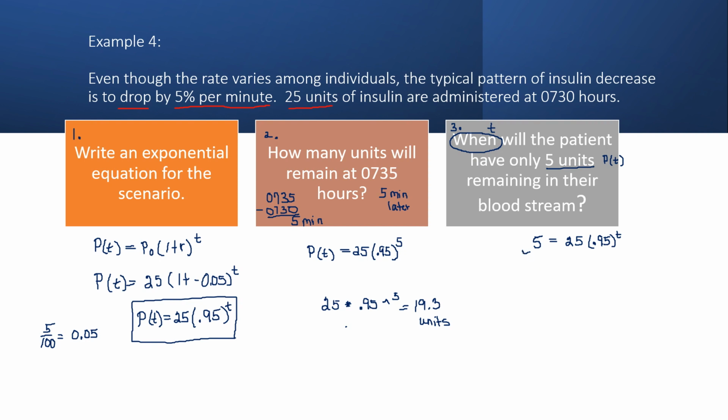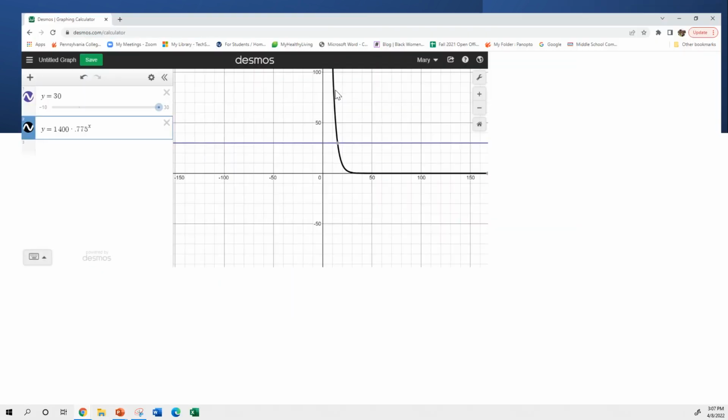So to use the graph, I have to have equations on both sides. So this is the equation y equals 5. And this is the equation y equals 25 times 0.95 to the x. And I'll want to use x in Desmos because it uses x and y rather than t.